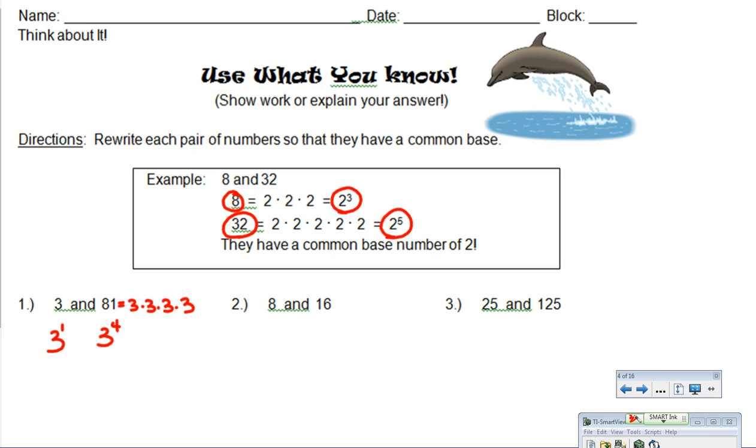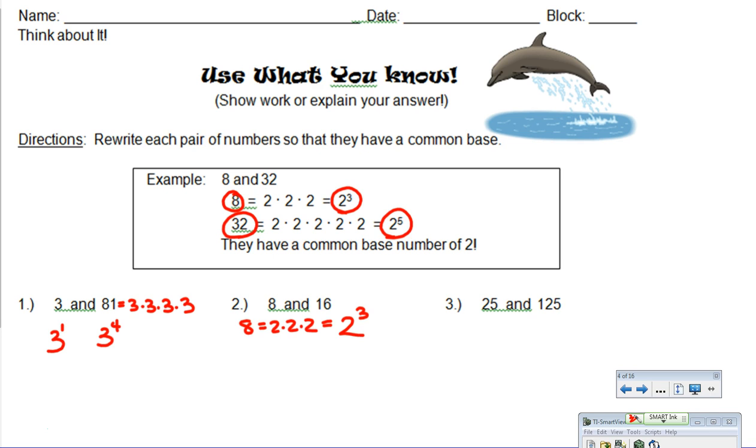Like for 8. 8 is, well, it's not 2 squared, and it's not 2 times 4. You have to understand its powers, bases and powers. So let's see. 8 is 2 times 2 times 2, so that's 2 to the 3rd.